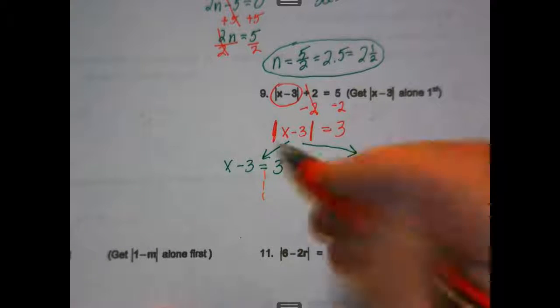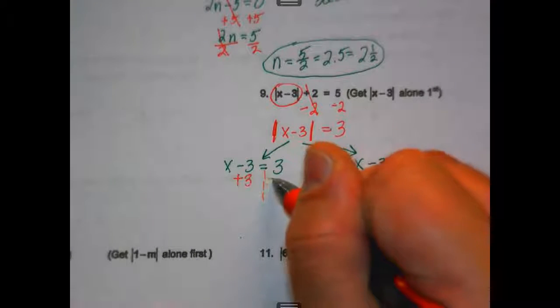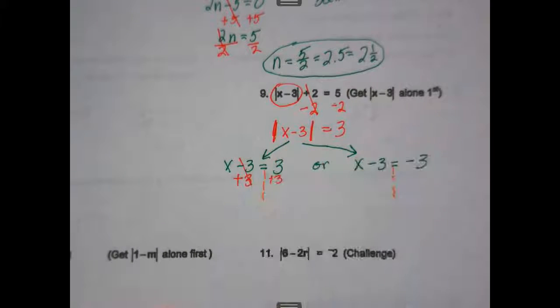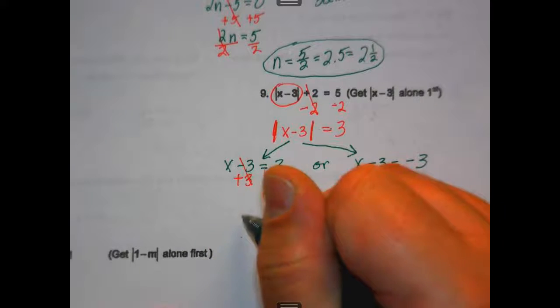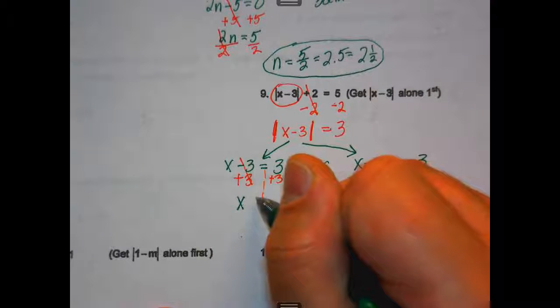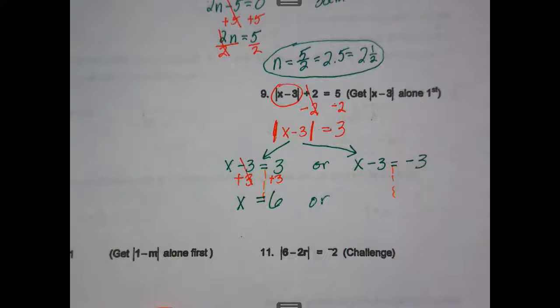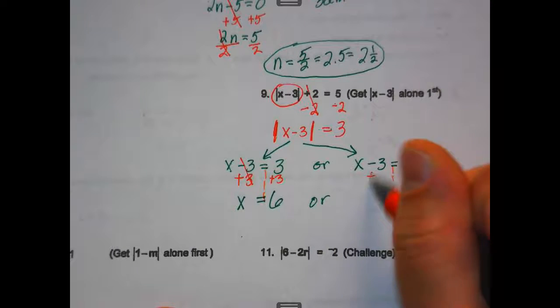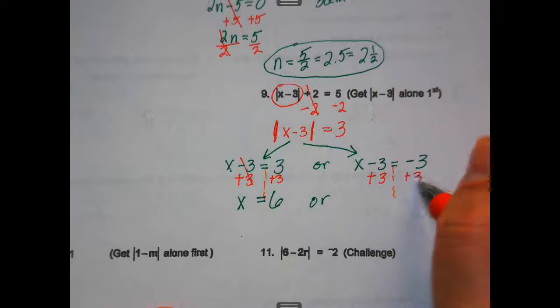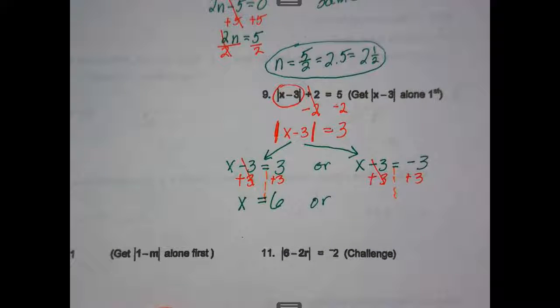So I'm going to add 3 to both sides. So x can equal 6, or x is going to equal 0.